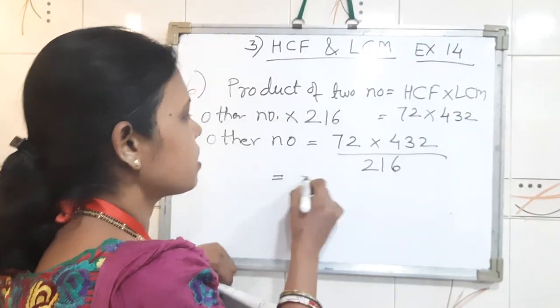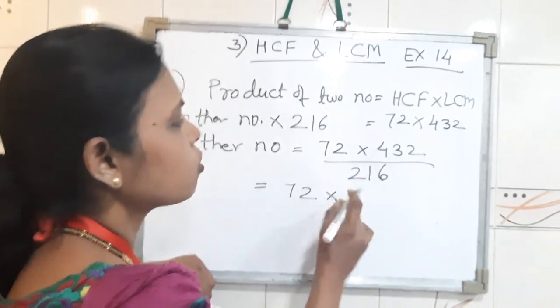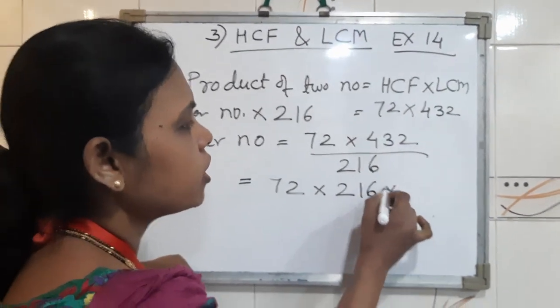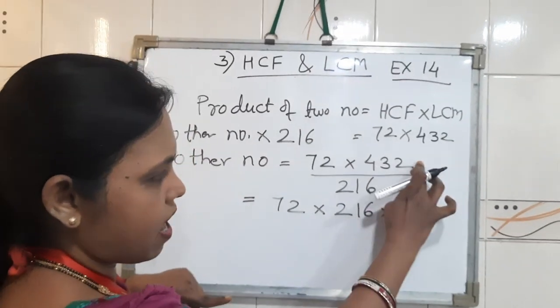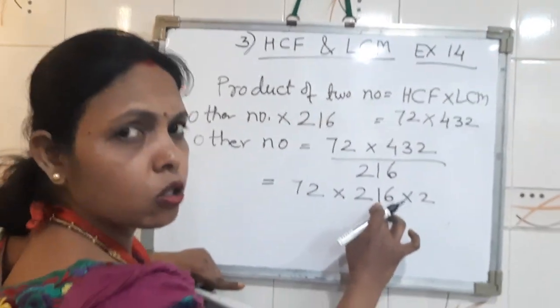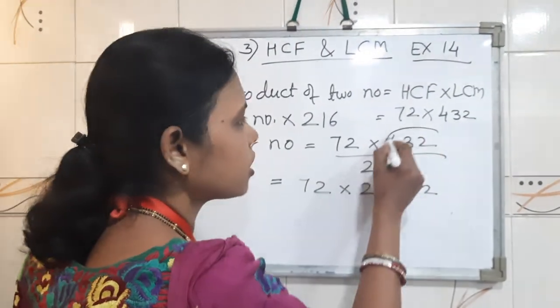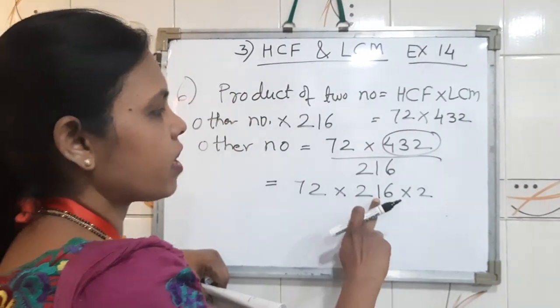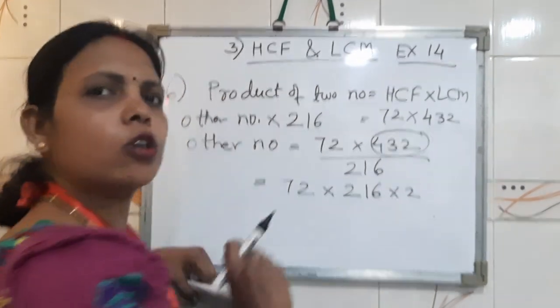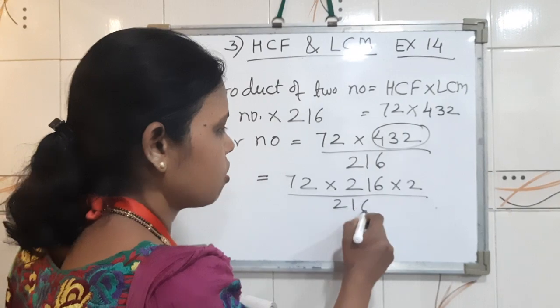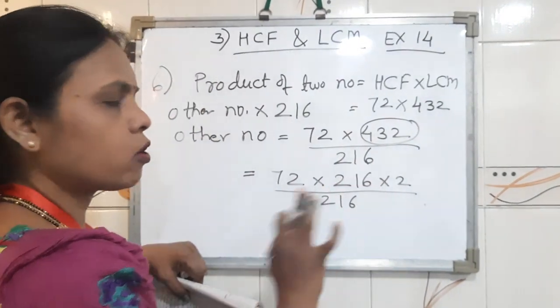Then what is that number? 72 into here. Then 216 into 2. 2 6 are 12, 2 1 are 2, 2 2 are 4. For 432, we have the factor 216 into 2. Now the remaining terms as they are, 72 and 216.